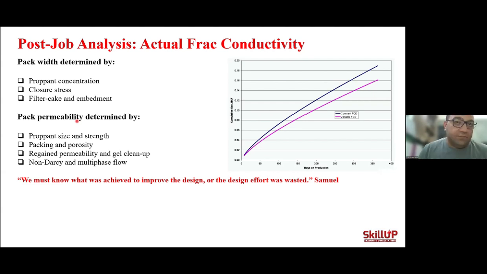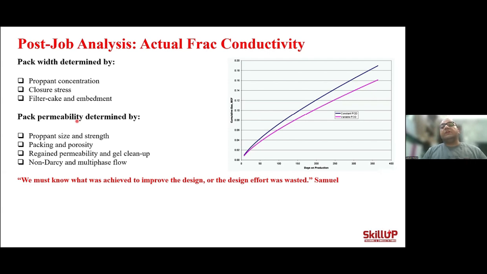If you have a conventional reservoir, this post-job analysis may be conducted within 1 year from the main hydraulic fracturing job. If you have an unconventional reservoir, this reservoir can produce for more than 20 or 25 years.